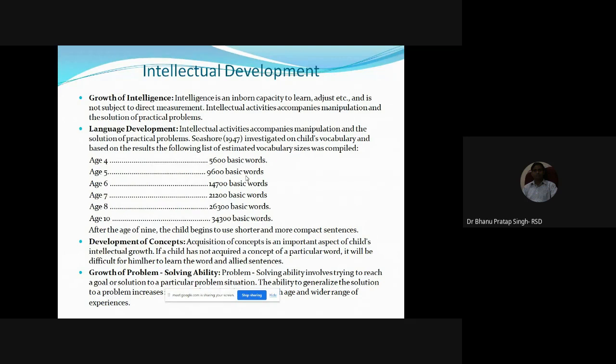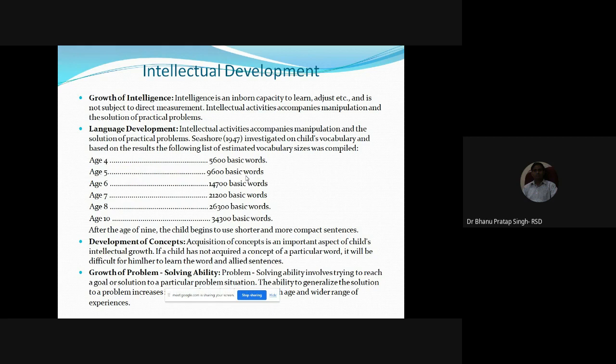Shishore in 1947 investigated the child's vocabulary, because in childhood the child starts to learn vocabulary also, and based on the result of Shishore, at the age of 4, 5,600 basic words he learned.